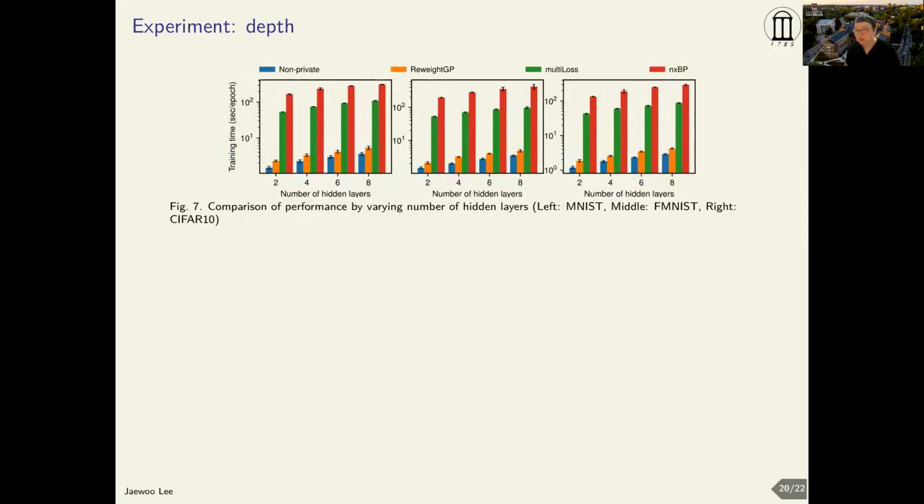Here are the results on different depths. As we expected, as the depth of the network increases, the processing time increases. The rate of increase for our method is similar to that for the non-private method.